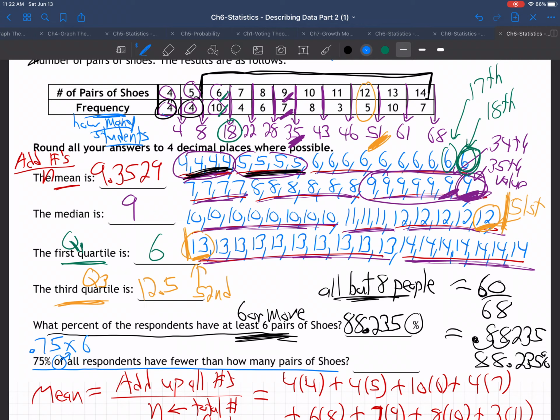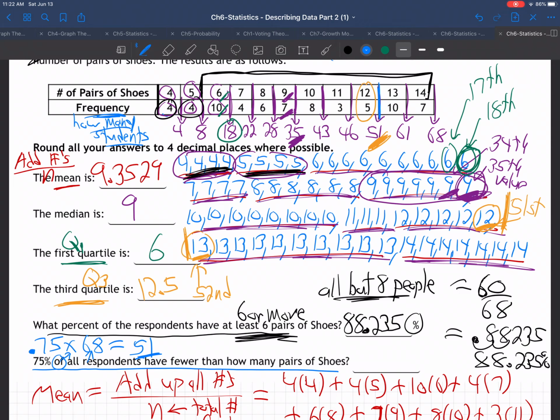All respondents, there's 68 respondents. So I'm taking those words as they come. 75%, 0.75 times all respondents, 68. So what's 75% of that? Well, I'm going to do that on my calculator. That's 51.